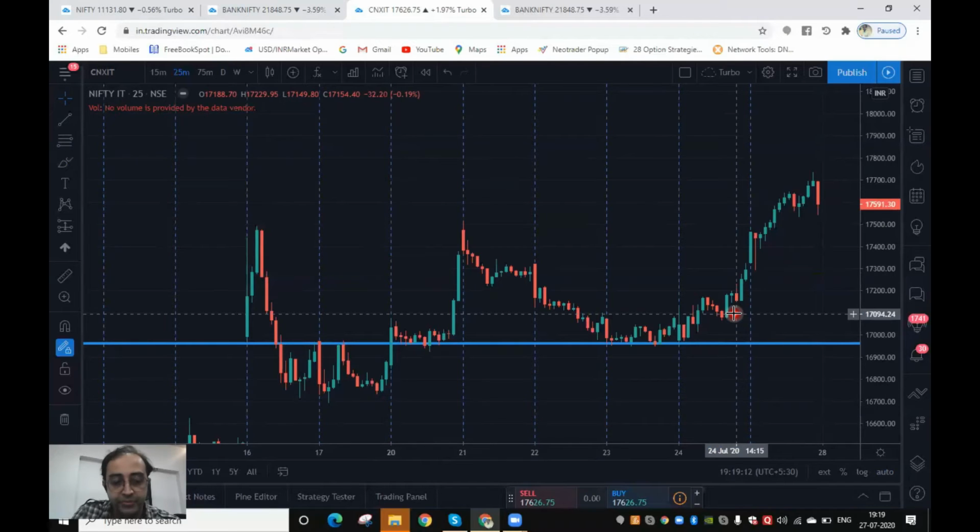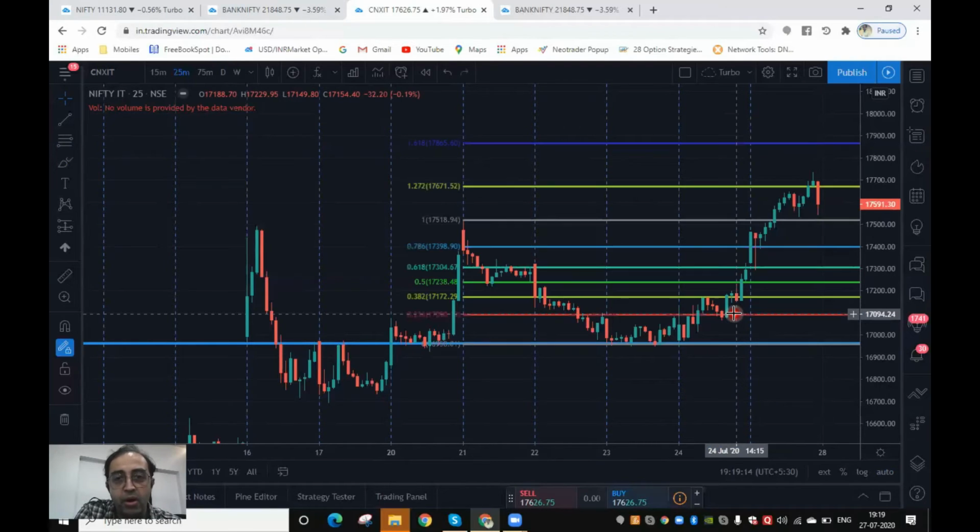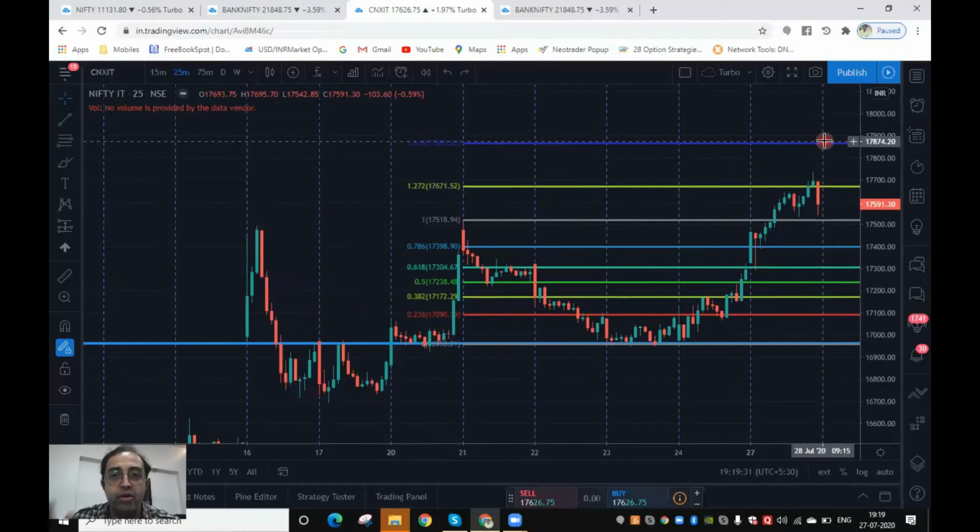And you can see here, I used the concept of fib extension, and you are having a resistance zone, a target zone here around 17,670, which was achieved today. Now the upper side is around 17,865. So the band which we can target for tomorrow is 17,865 on the upside.